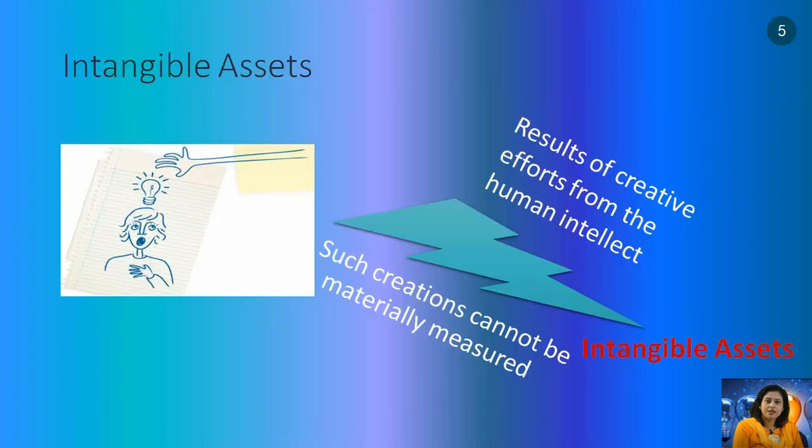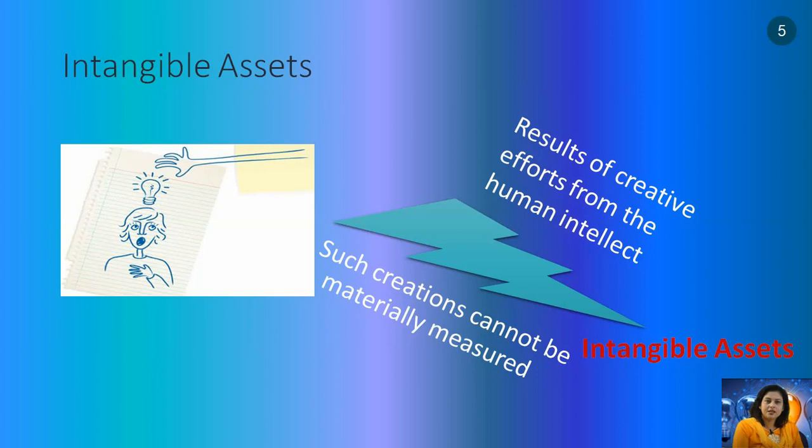As mentioned in the outline, an intellectual property is an intangible asset. So what do you mean by an intangible asset? An intangible asset is an asset that lacks physical substance. It basically results from creative efforts of human intellect.